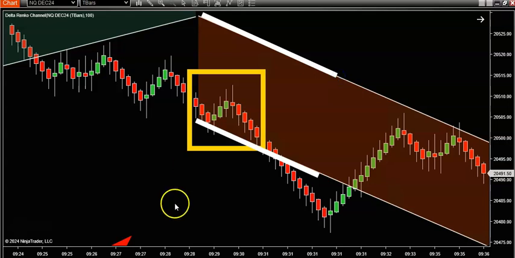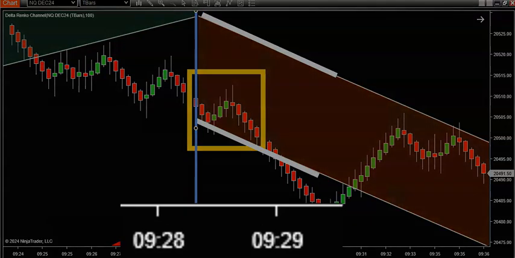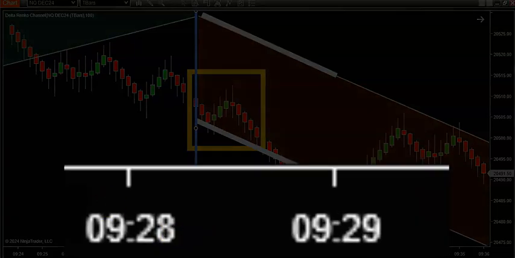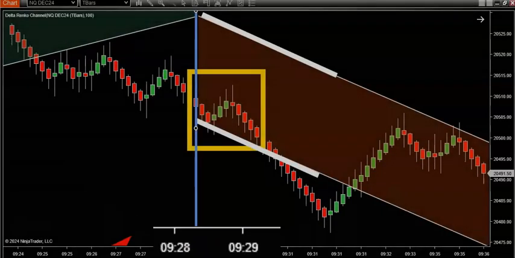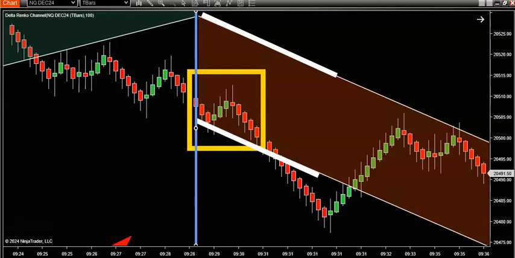If I put a vertical stripe right here, this is approximately the time the channel started today, around 9:28 a.m., as you can see on the x-axis. So that's step number one: we wait for the channel to start.